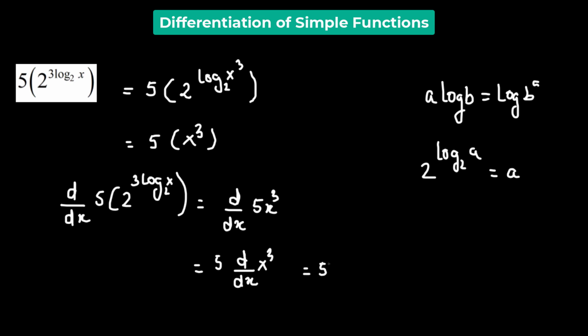The derivative of x cubed is 3x raised to the power of 3 minus 1, so that gives us 5 times 3 is 15, so we have 15 times x squared. So this is the derivative of the given function with respect to x. Let us move on to the next question.